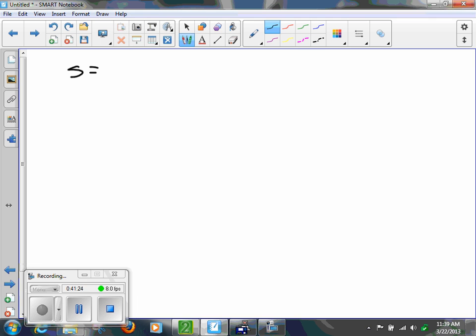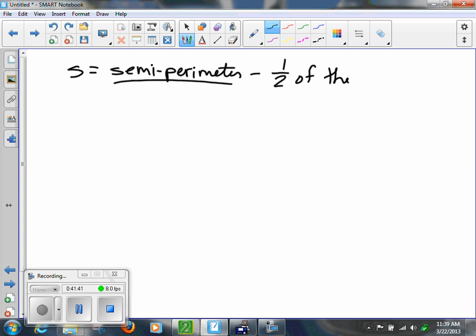S stands for the semi-perimeter. No, this does not go on the card. It just goes in your notes. You have to know this. Semi-perimeter is 1/2 of the perimeter. And then look back at that formula.